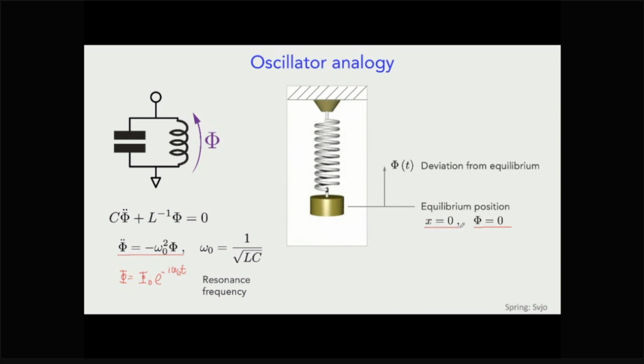Phi are the deviations from equilibrium of that magnetic flux, or of course for a spring it's just the deviations of position. And the velocity is the rate of change of magnetic flux, or usually we'll also write that as v of t for a mechanical oscillator.